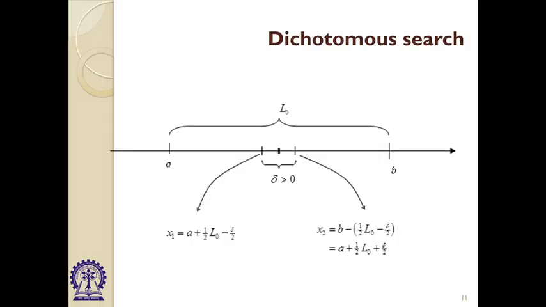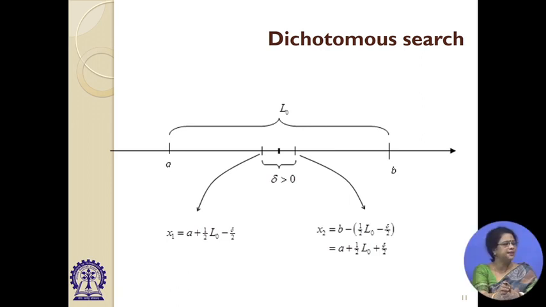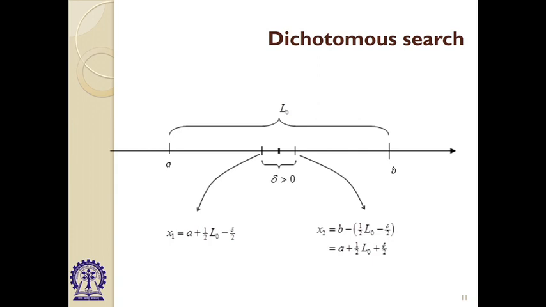How does the dichotomous process run? It runs in this way. We consider the middle point and a delta neighborhood of that. If we consider a delta neighborhood of that, then we get the two experimental points. One is x1, another one is x2. We will check which one is the better candidate for minimization, x1 or x2, given unimodality.